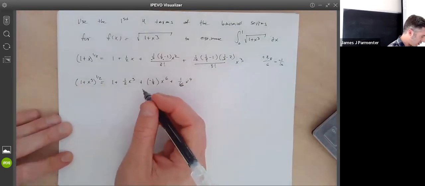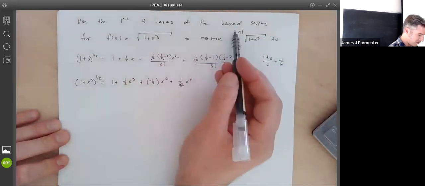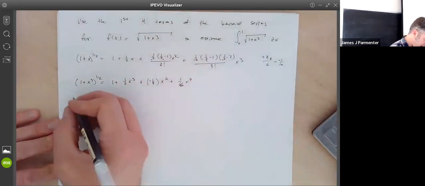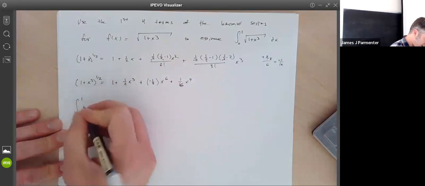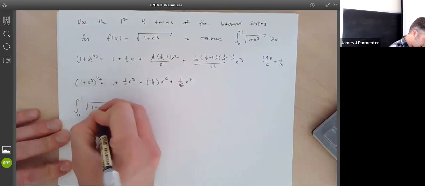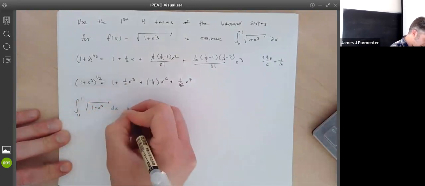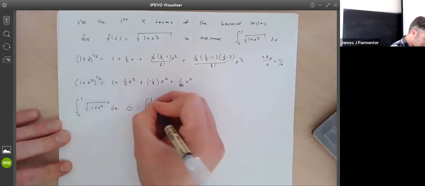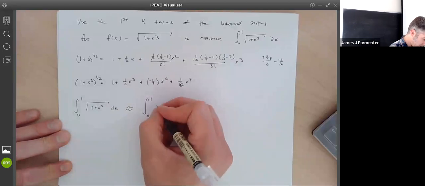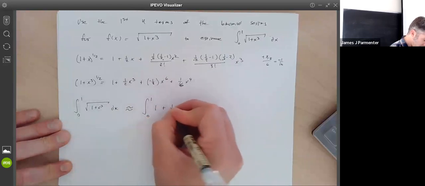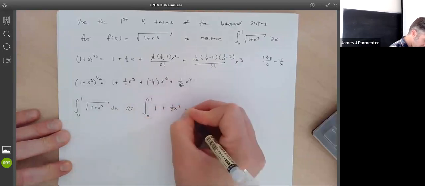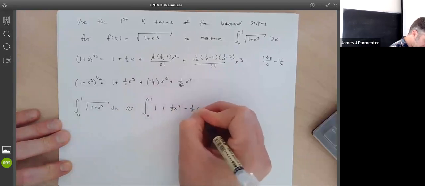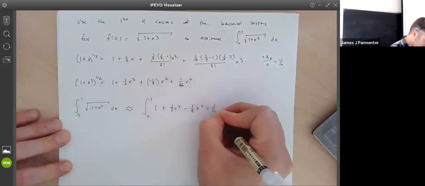So then we want to use the first 4 terms to estimate the integral. We're going to say the integral from 0 to 1 of the square root of 1 plus x cubed dx is going to be approximated by the integral from 0 to 1 of this lovely polynomial: 1 plus 1/2 x cubed minus 1/8 x to the 6th plus 1/16 x to the 9th.